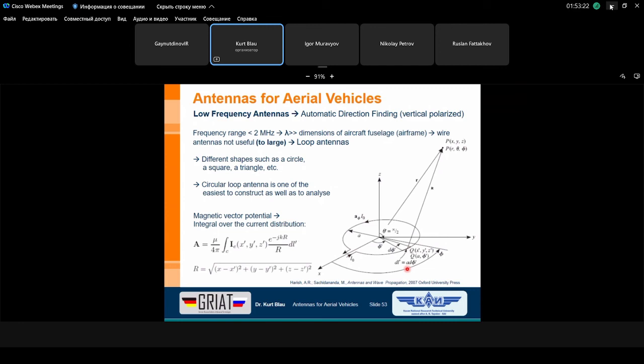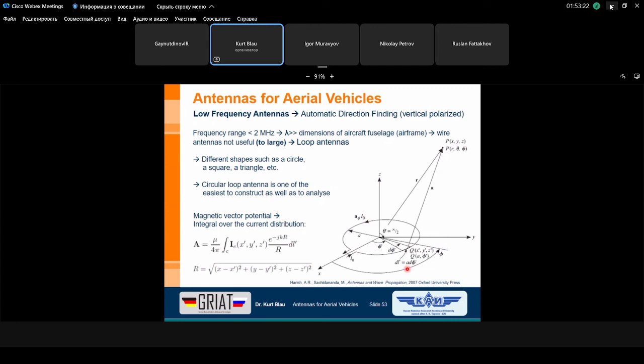This is the radius of our loop, and it's clear that the length of this current element we want to observe is given by a multiplied by dphi. This q is the charge along this current element, but we will see it later.